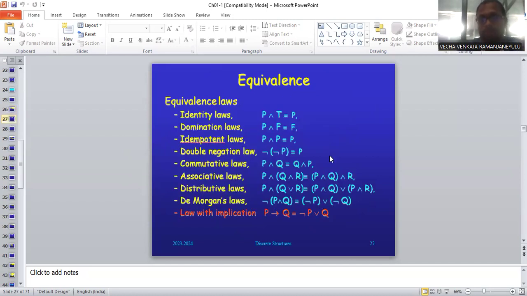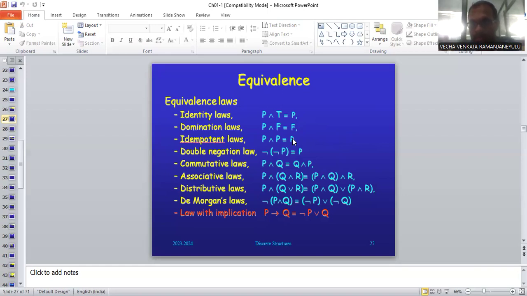Here are some equivalence formulas. The first one is the identity law: P and T is equivalent to P. Here true means the value is 1, that's why I am taking P. Next, domination law: P and F is equivalent to false. Next, idempotent law: P and P is equivalent to P. Here, if two or more variables are the same, I take only a single variable.